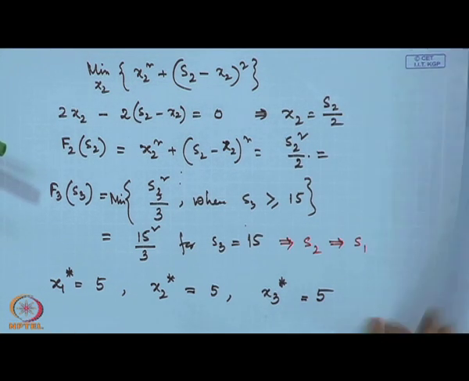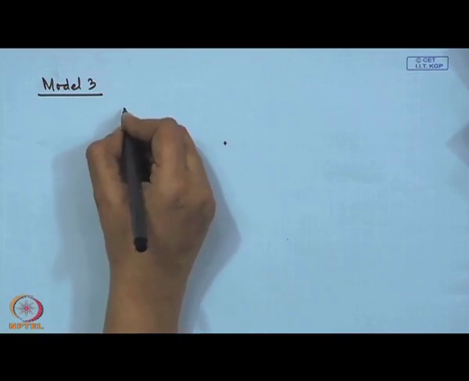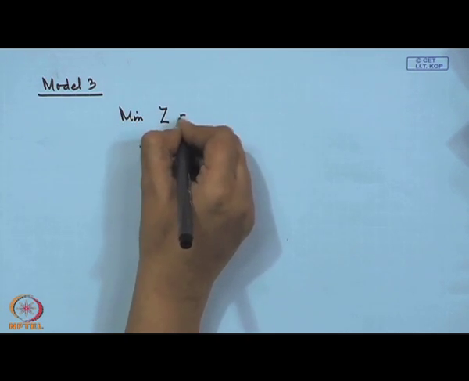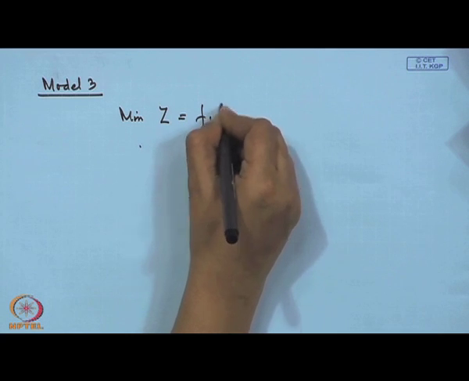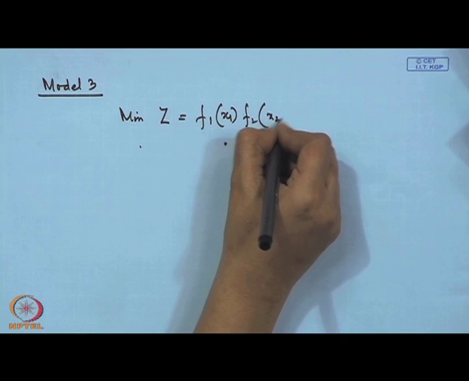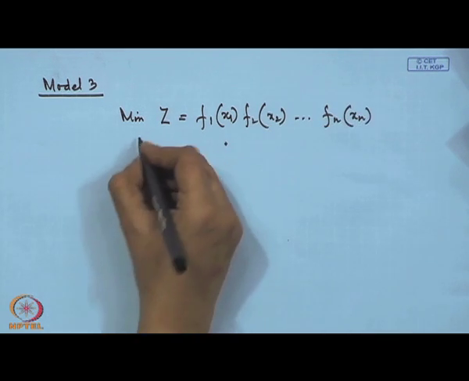Now, let us move to the next model. Model 3, where we are considering the problem minimization or maximization, anything we can take where the objective function looks like this. These are all in a multiplicative way.